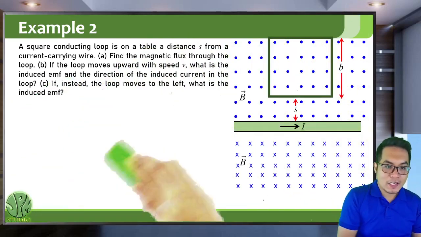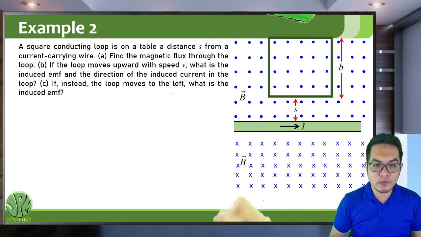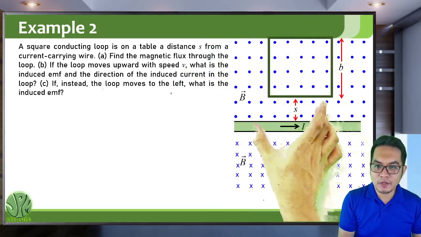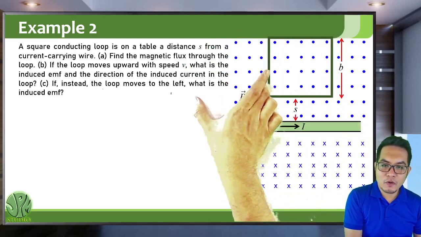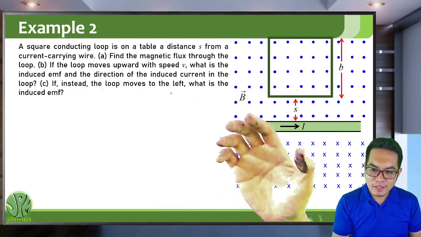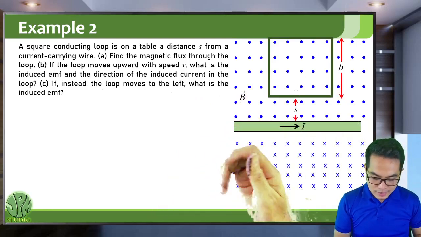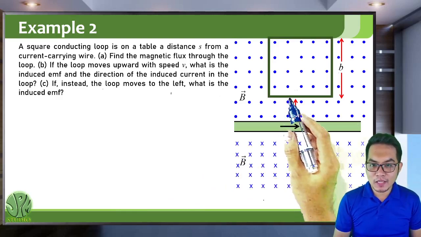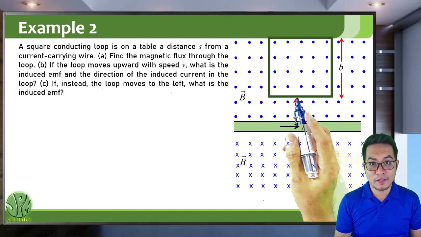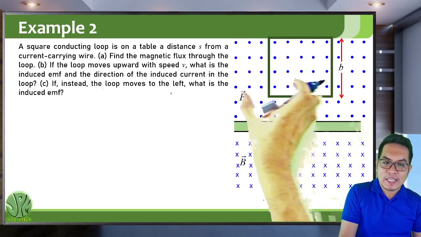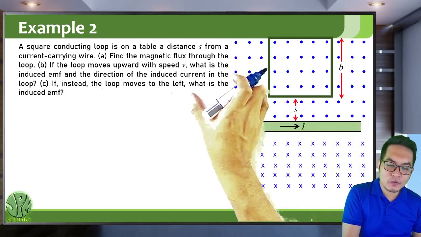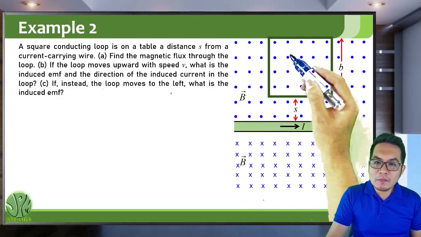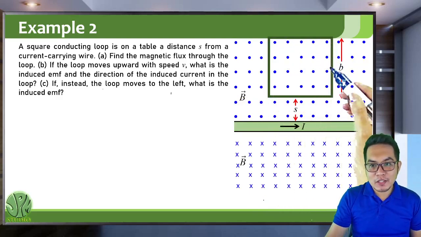Okay. For the last question, if instead the loop moves to the left, what is the induced EMF? Again, induced EMF has something to do with the change in flux. And the flux, in this case, the only thing that can change the flux is the magnetic field. Now, if the loop is moving sidewards to the left or to the right, the area of the loop doesn't change.